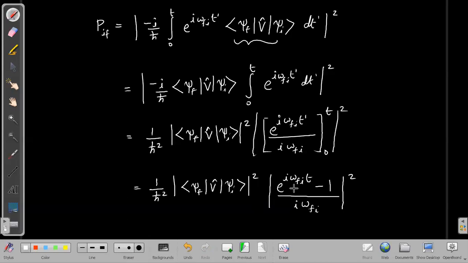What we can do is take e raised to i omega_fi t by 2 commonly outside. So this can be written as, better we copy this into the next page.